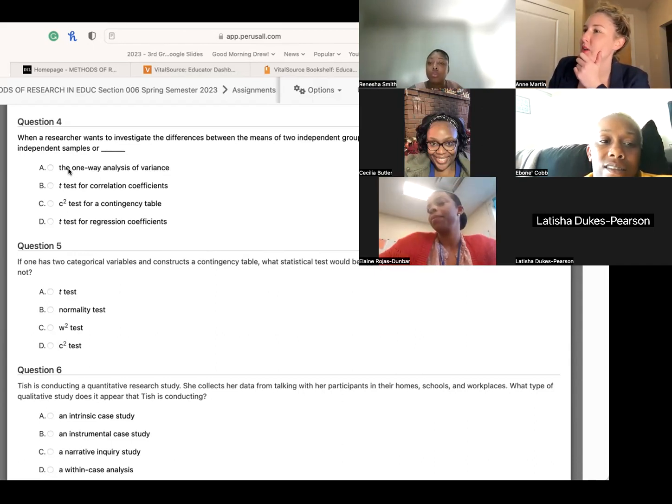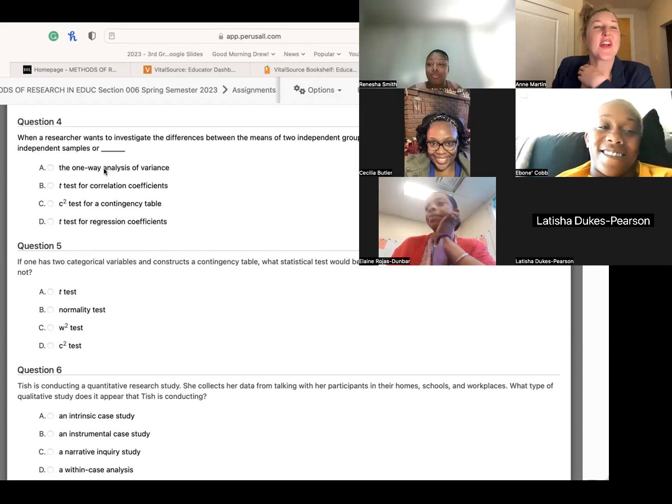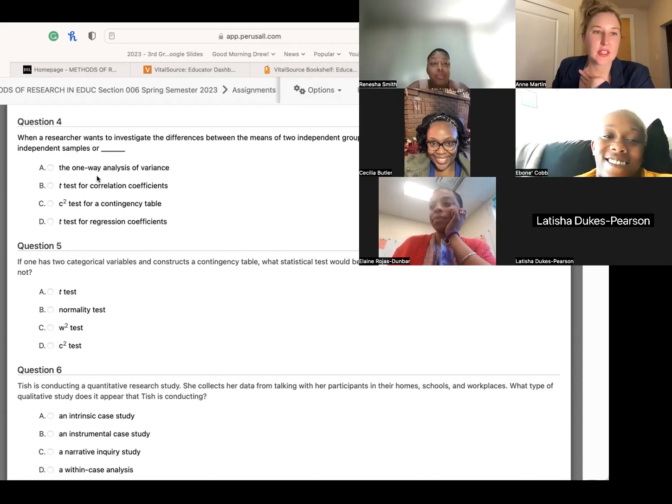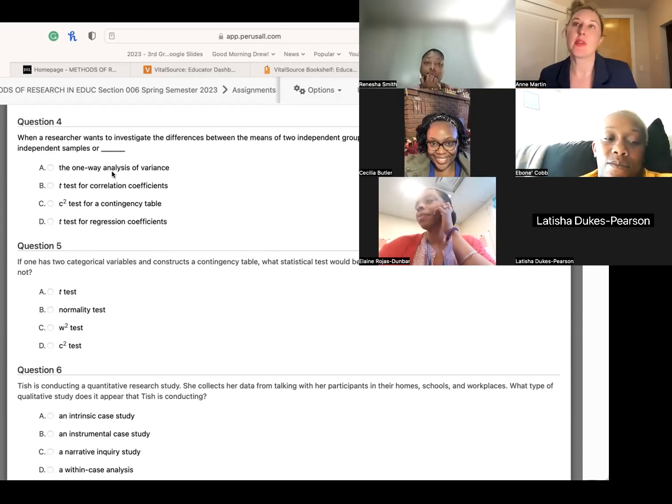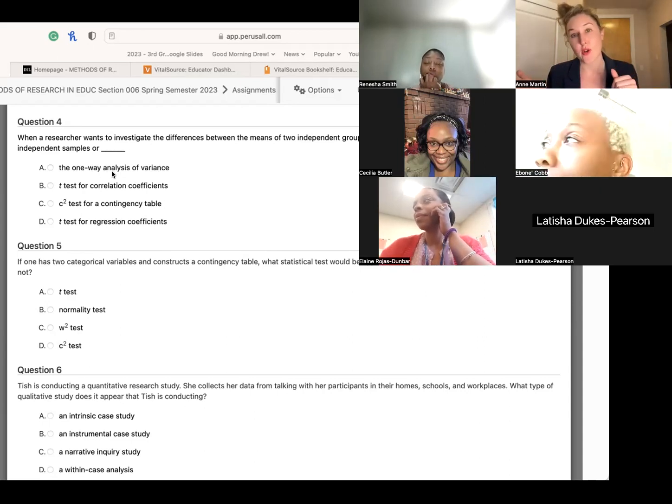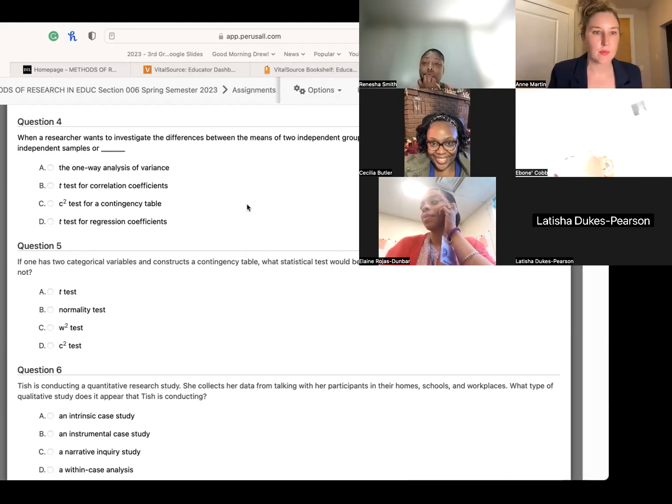Okay, that's where the ANOVA acronym comes from, analysis of variance. So yes, that and the t-test can both help you find the difference between the means of two different groups, or ANOVA could be more than one group too.